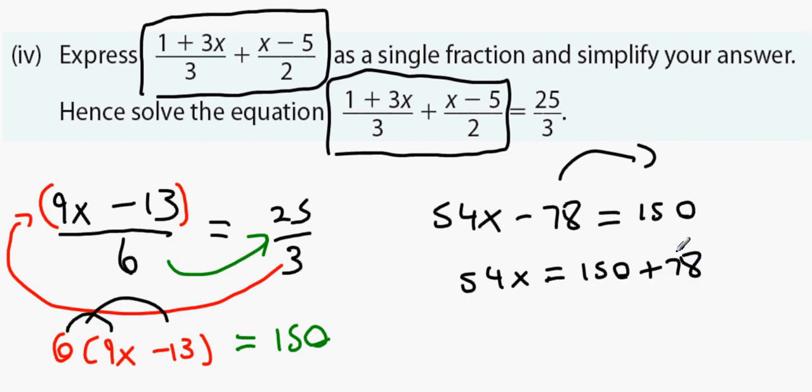And then add the two of them together. That's going to be 228. So 54x equals 228. Now we're going to divide 228 by 54, and what we get is 38 over 9.